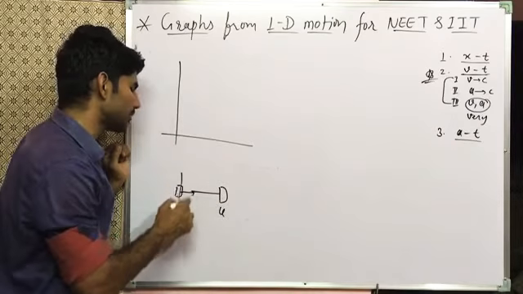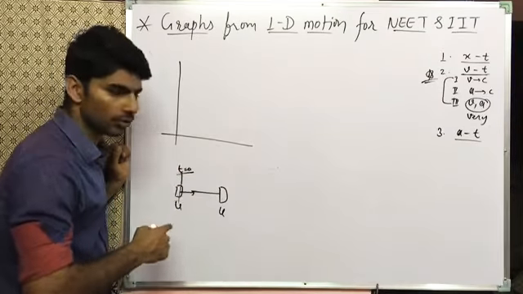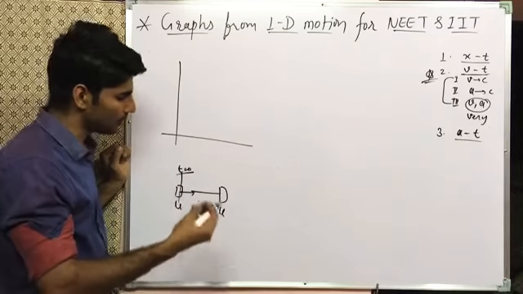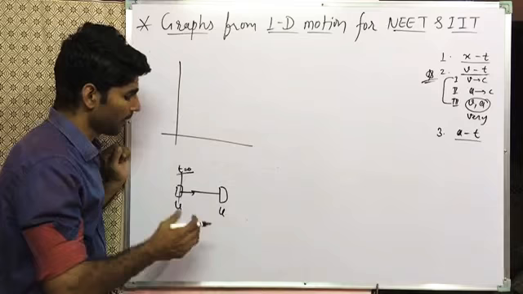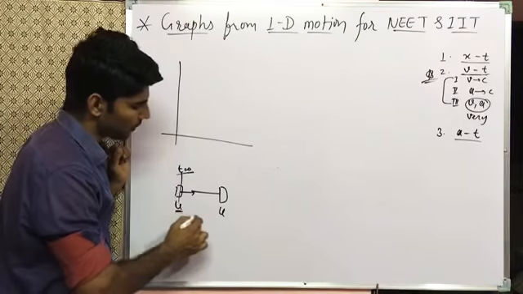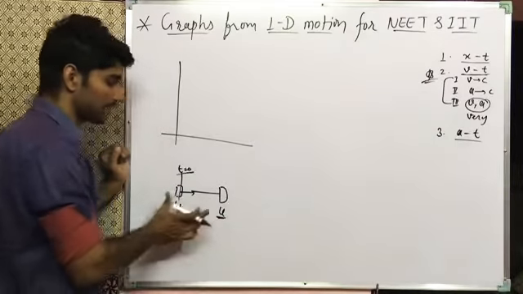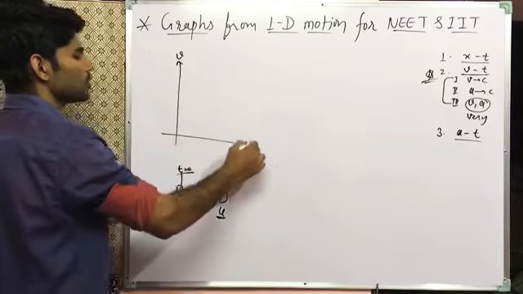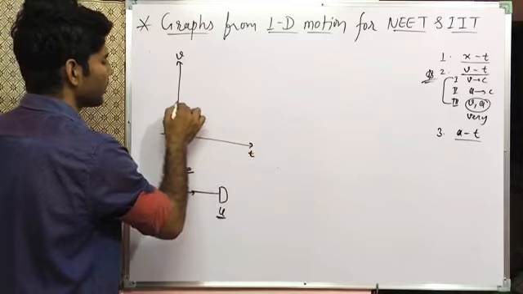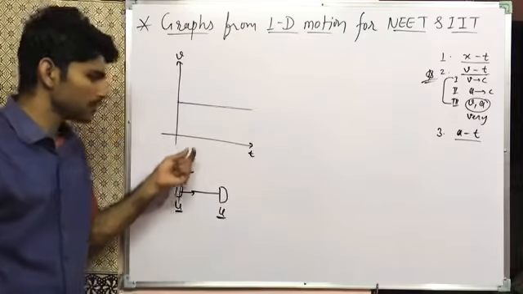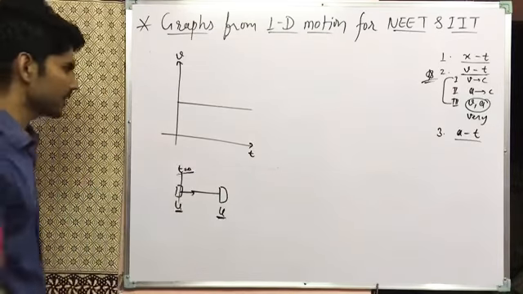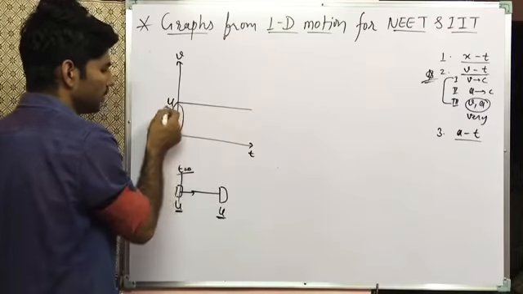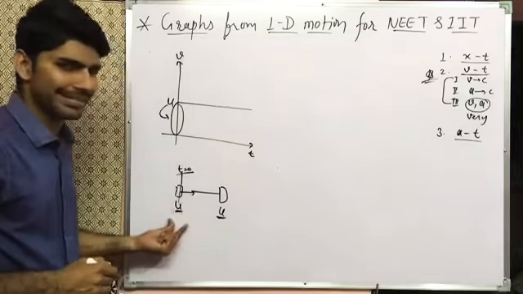So when we start counting the time from t equals 0 and move ahead, time will have some value, but the value of the velocity remains constant. In this case, if the velocity is constant with respect to time, then the graph comes parallel to the time axis, and this value is u, the initial velocity.